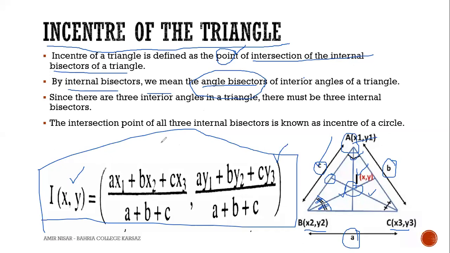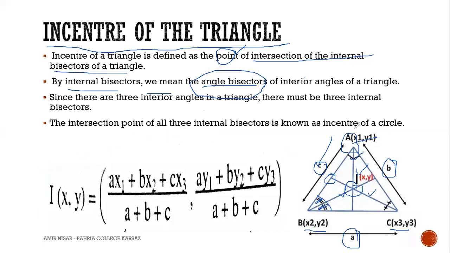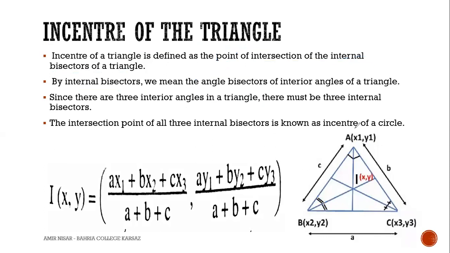So I repeat once again, in center of a triangle is defined as the point of intersection of the internal bisectors of the triangle.